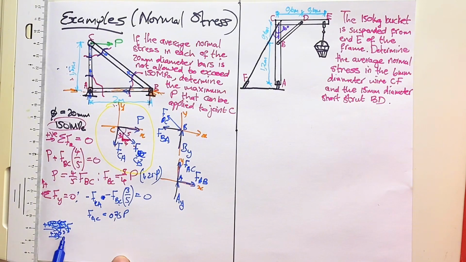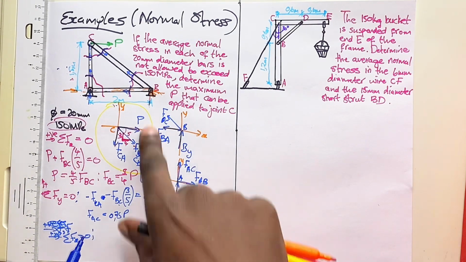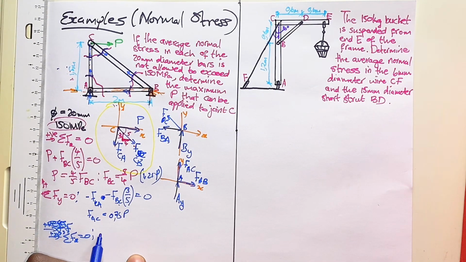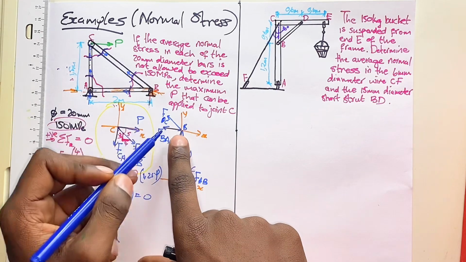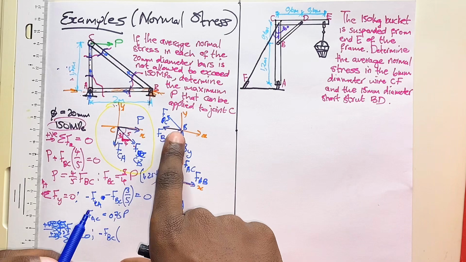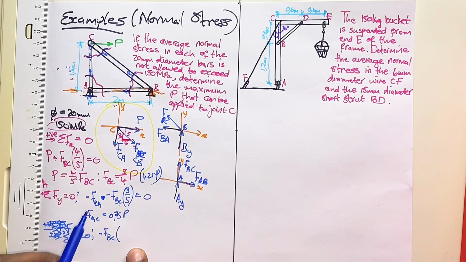Right is positive, so the sum of forces in the x-axis must give you 0. Now, what are the forces in the x-axis at B? You will have a negative FBC at the x component of FBC, so it is negative because it will be going to the left.